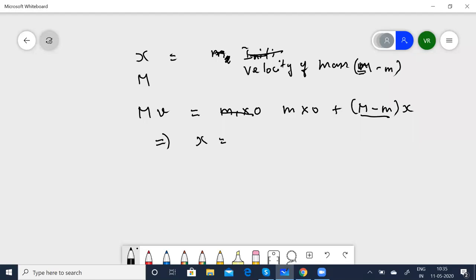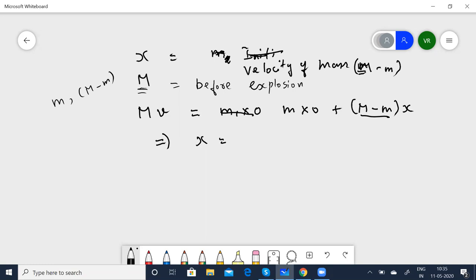Yeah, it's now clear. The mass of the object before explosion was M. After explosion, it is divided into m and M minus m.